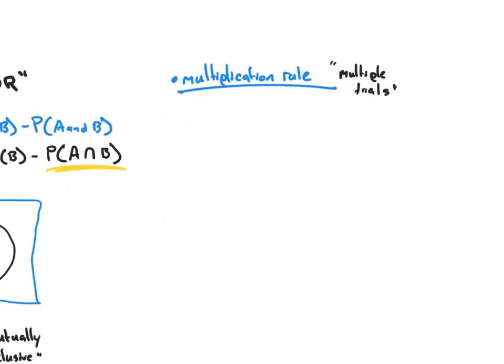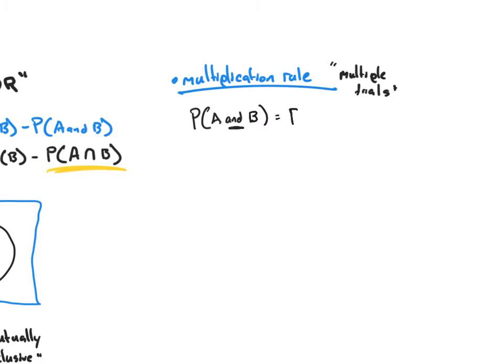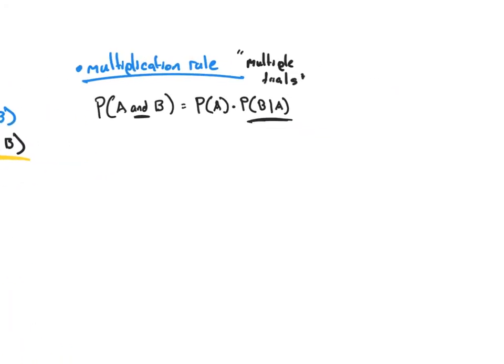Right? Multiple trials means multiply, so that we'd say the probability of A and B, also known, this and is A and then B, is equal to the probability of A times the probability of B, given A has already occurred. Yes, that is a conditional distribution right there.